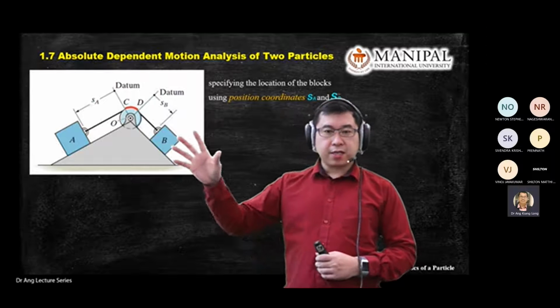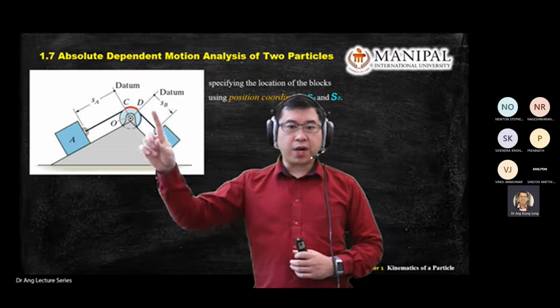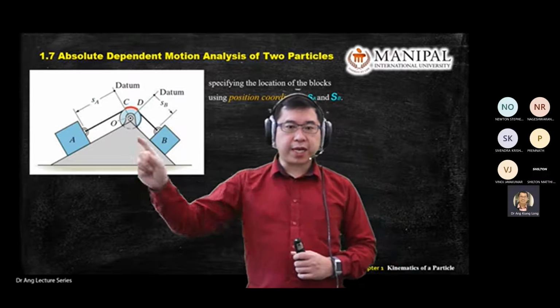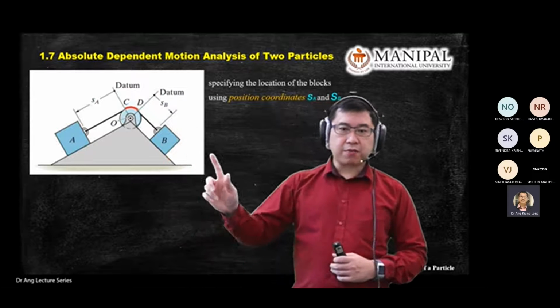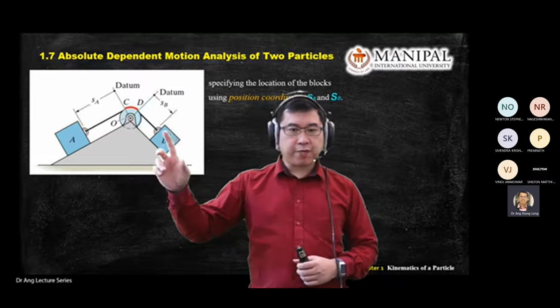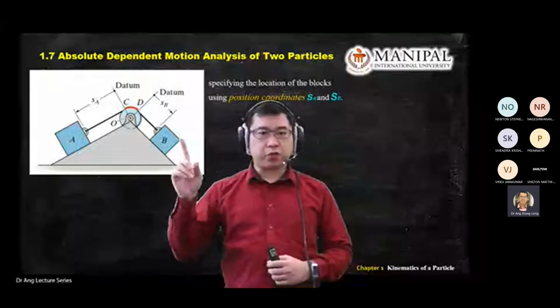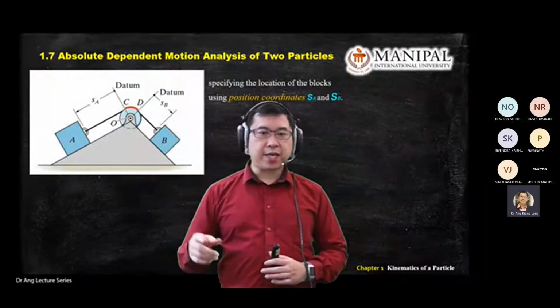As you can see from the diagram, we have two different datums. One datum is for object A, one datum is for object B. Look carefully into the diagram. There is a direction for your position SA.